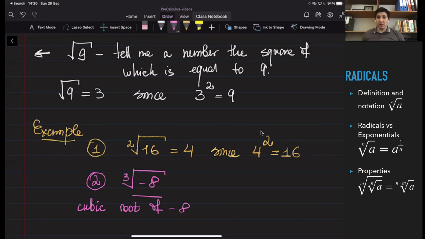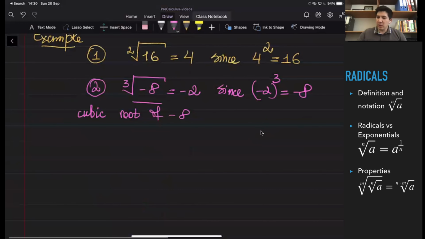In order to do this, I need to figure out a number so that if I multiply that number by itself 3 times, it is equal to -8. Can you guess what number this is? This is going to be -2, because -2 to the power of 3 is equal to -8, right? Okay, so this is what radicals mean, and we can continue working with this.